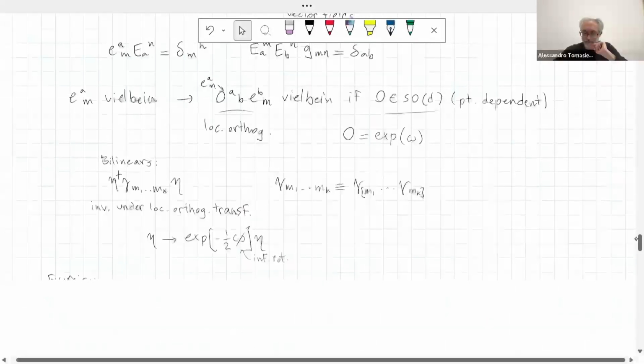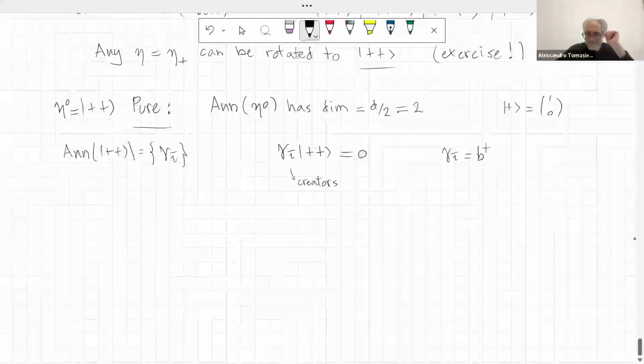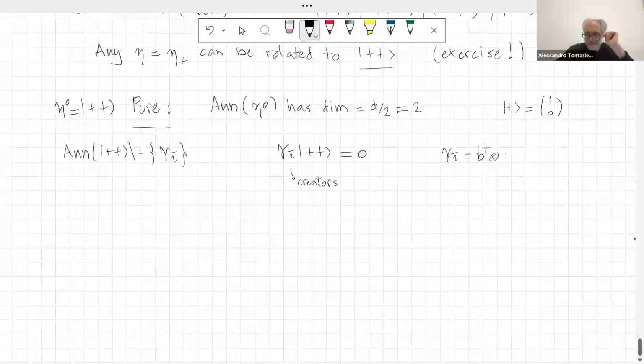Given that we didn't have it, let's write it now. This is gamma 1 bar and gamma 2 bar sigma 3 tensor B dagger. So this is the reason that these two are annihilators.